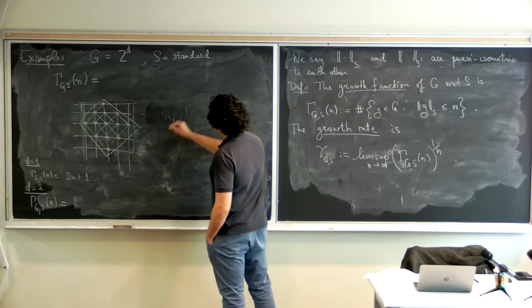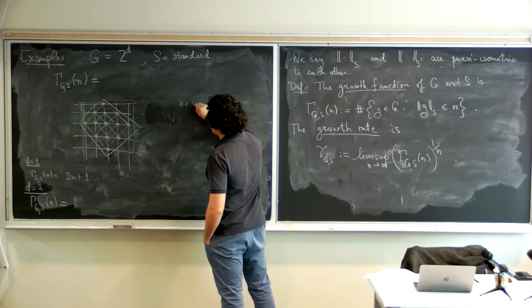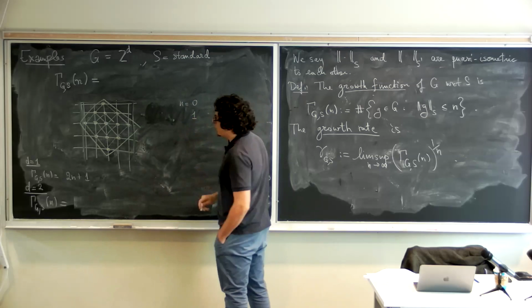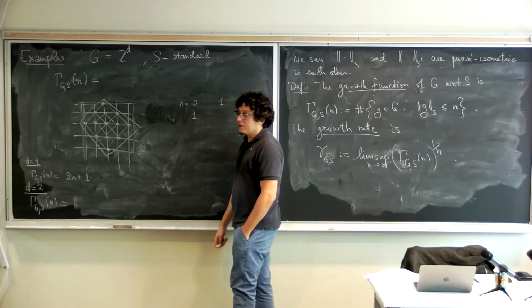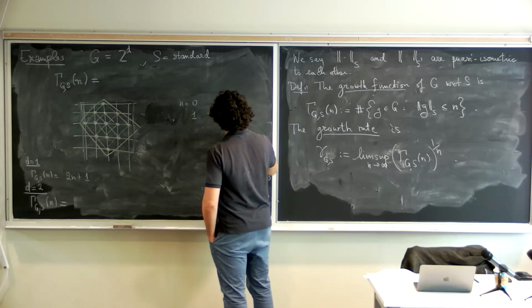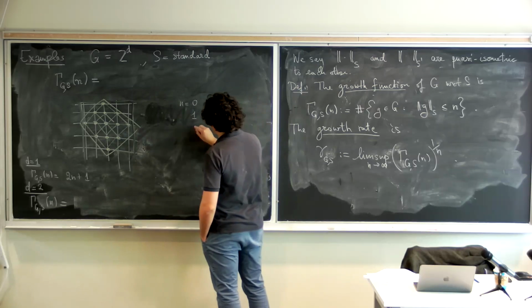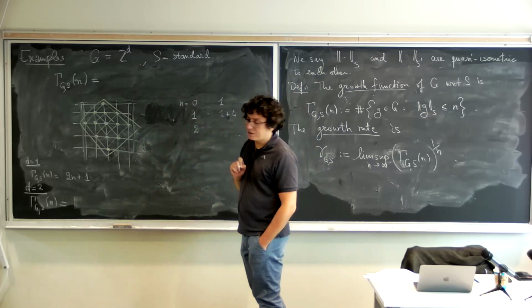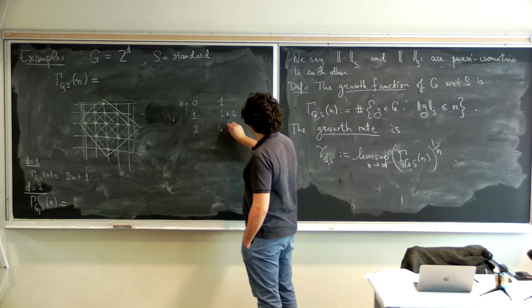Right, so let's see. For n equals 0, we get 1. For n equals 1, you get 5, which is 1 plus 4. For n equals 2, you get 13, which is 4 plus 9.